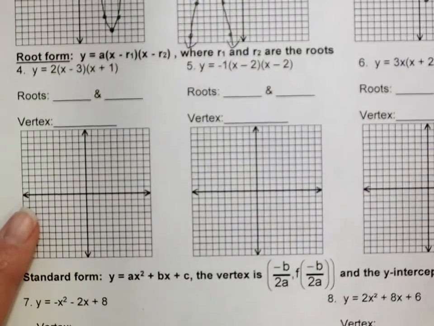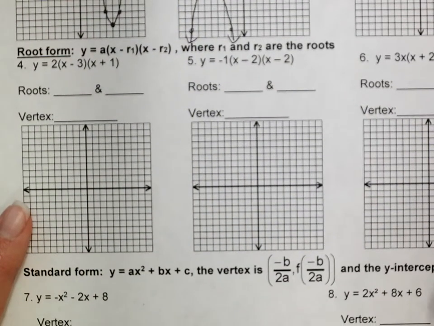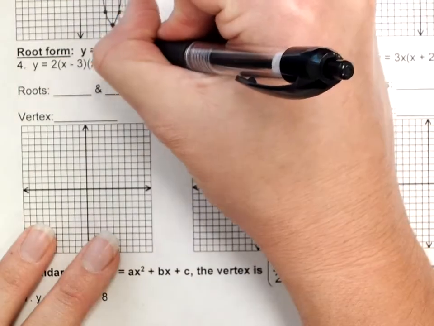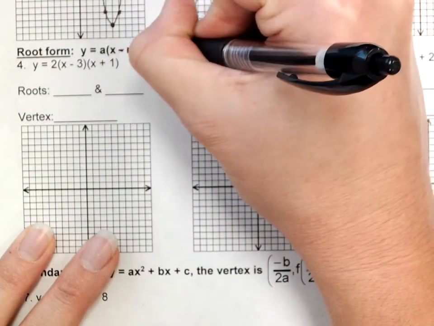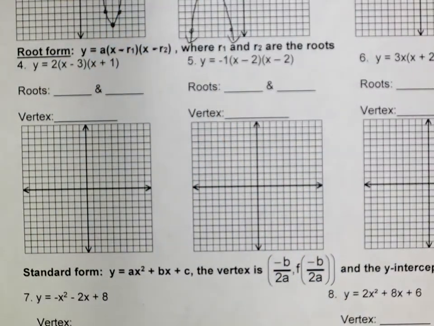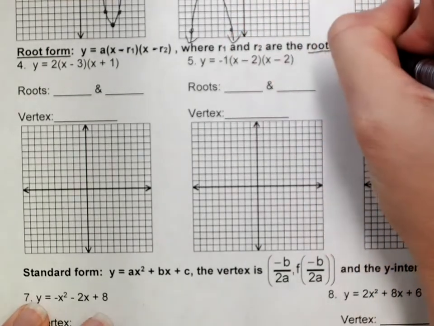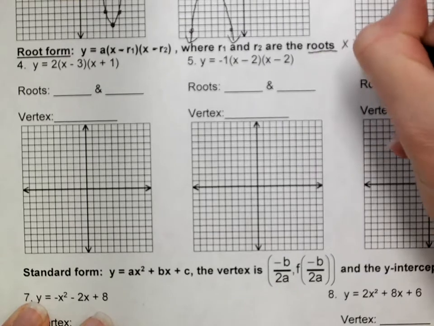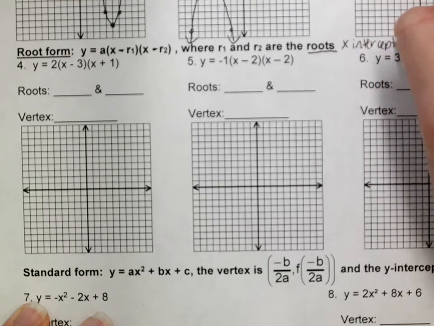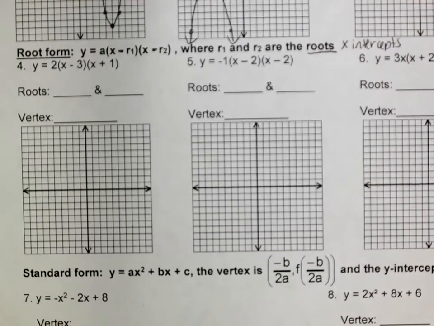When they give you the equation in root form, okay, notice that this is x minus r1 and x minus r2. Okay, those are your 2 roots, root 1 and root 2. Your roots are the same as your x-intercepts. So from your equation, you already know your 2 x-intercepts.